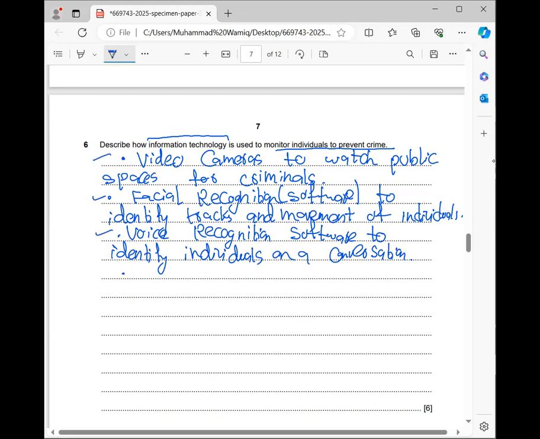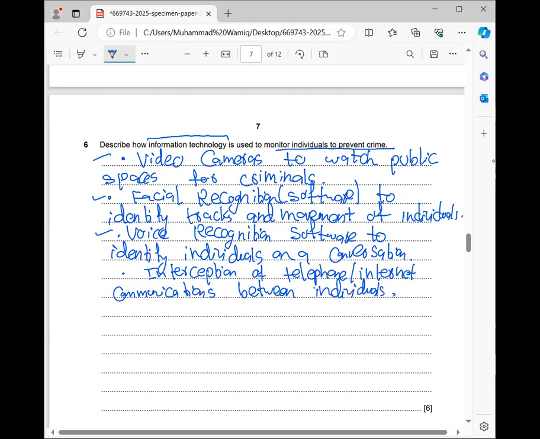One, two, three, and I can also use the interception of telephone and internet communications between individuals.